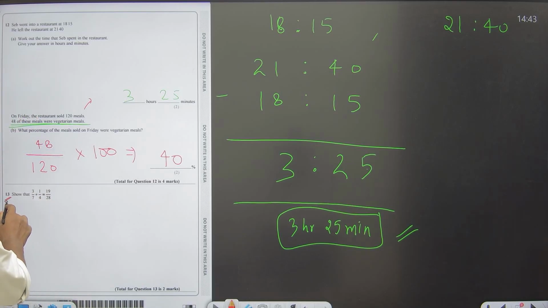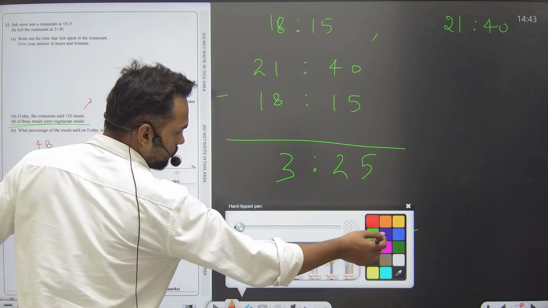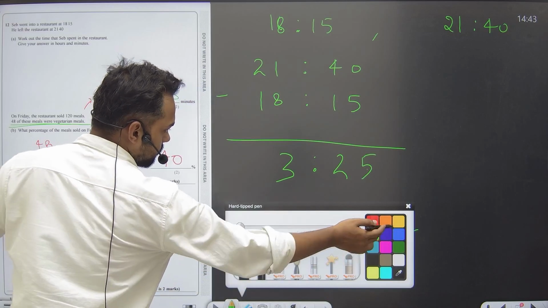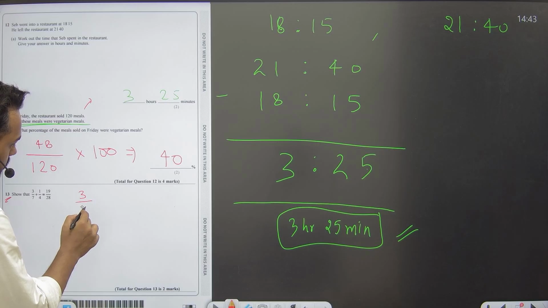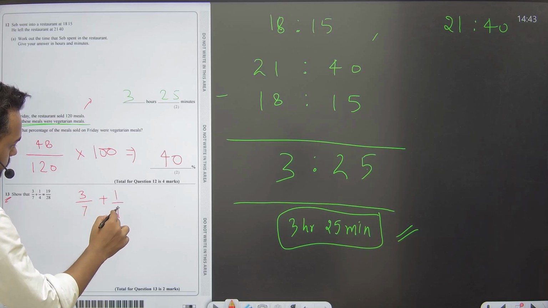Now it's the 13th question. 3 by 7 plus 1 by 4 is equal to 19 by 28. We have to show this. 3 by 7 plus 1 by 4.